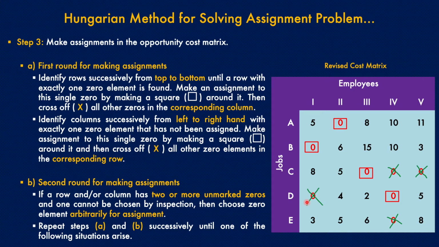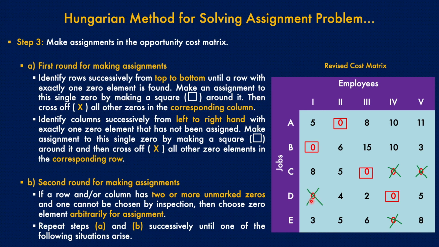Go to the third row. Now we have three zeros here, so you just skip for the time being. Go to the fourth row. Now we have only one zero element here. Initially we can see here two zeros, but already one zero element we have crossed off.